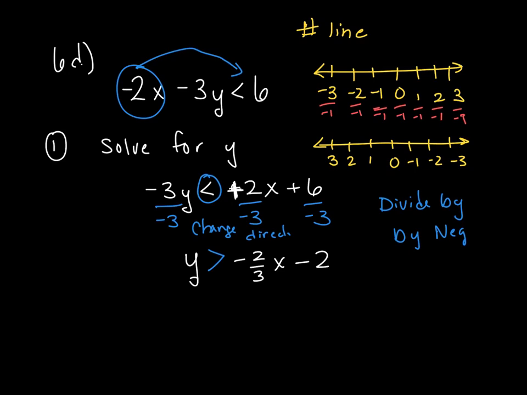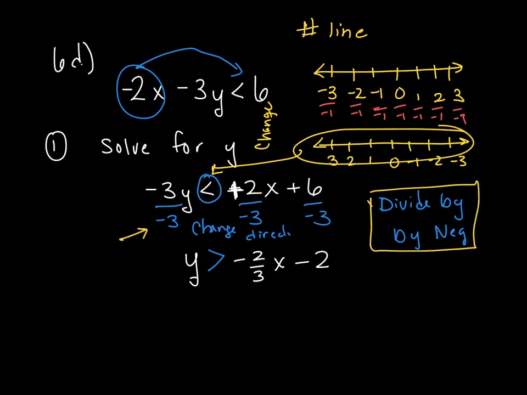I was going to try to flip that, but I can't. So you actually have to go through and flip it. You take this whole thing and you have to change the direction of that symbol. You know that because you see how there's a negative here? You do that whenever you divide by a negative. All right, whenever you have to divide by a negative.